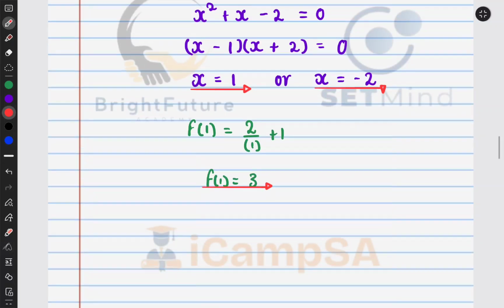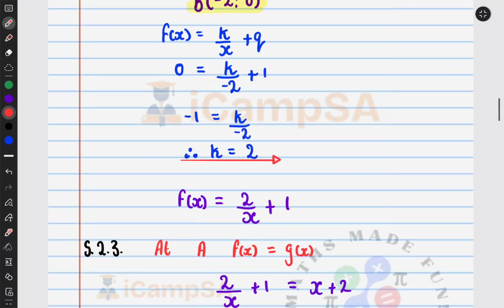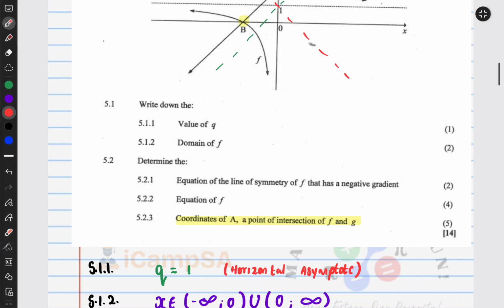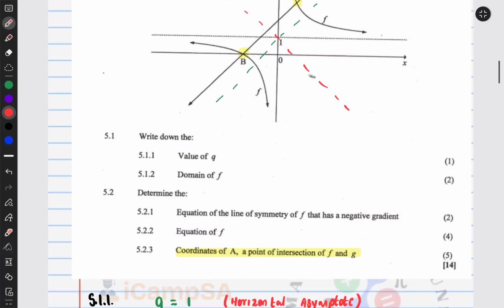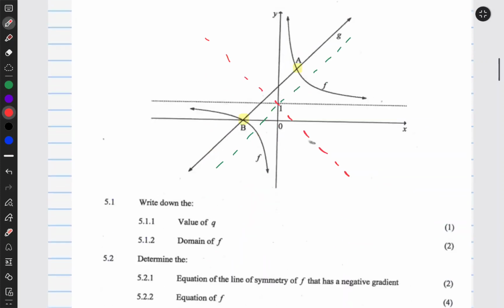Therefore the coordinates of a are 1 and 3, both positive. So that's for question 5.